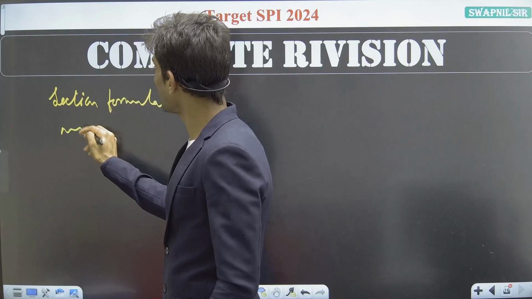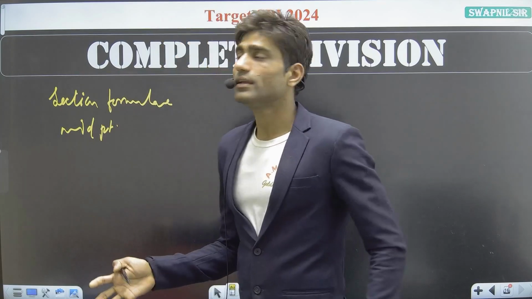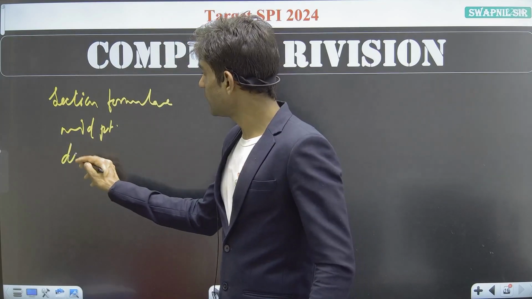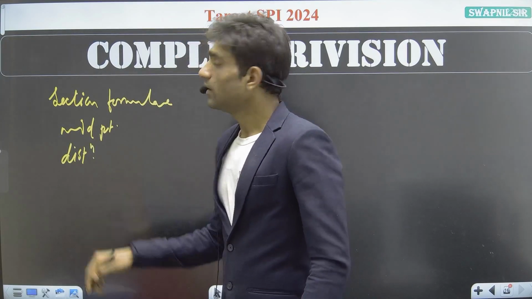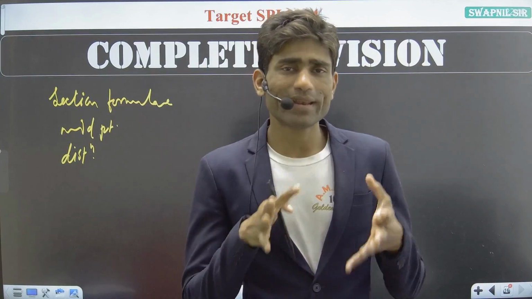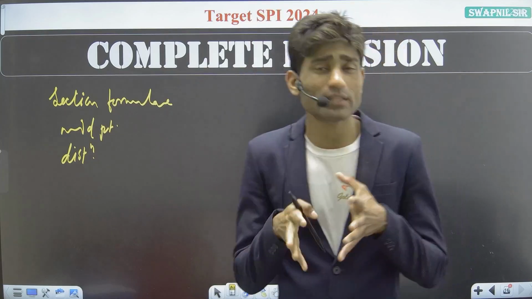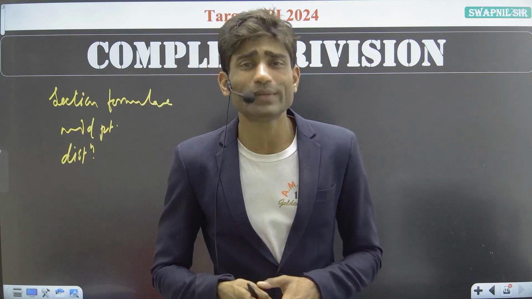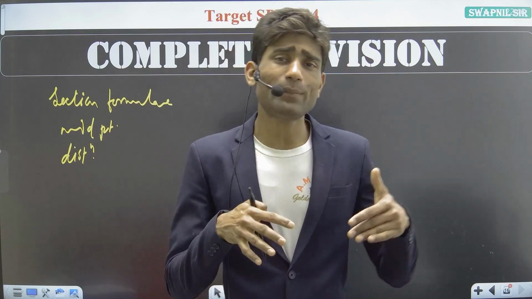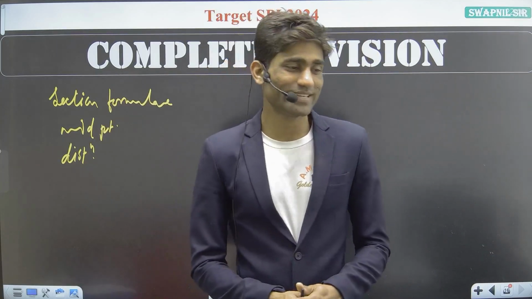After that, the midpoint formula, and after that the distance formula. After that we learned points on the x-axis and y-axis, how to present the coordinates, how to plot the coordinates, and quadrant-wise positive and negative signs. All these concepts and many other concepts we learned in today's lecture. I hope you all have understood it.